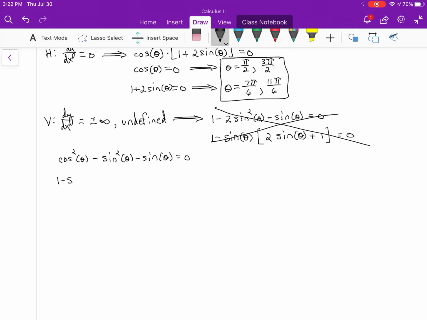I'm going to make the substitution for cosine squared to be 1 minus sine squared, which I know we did earlier, but I'm not going to combine it. I'm also going to factor a sine of theta from the right side portion of this, and that sine is going to be multiplied by sine of theta plus 1.